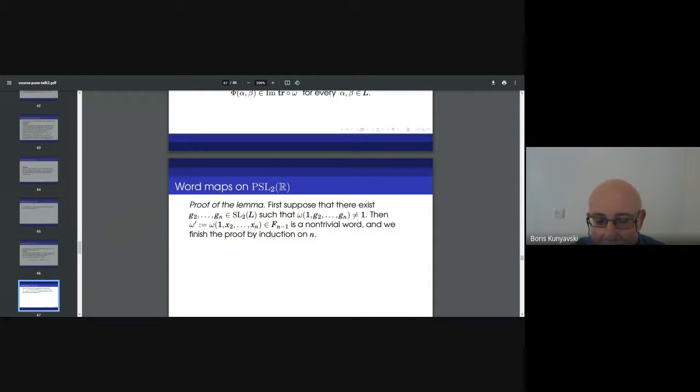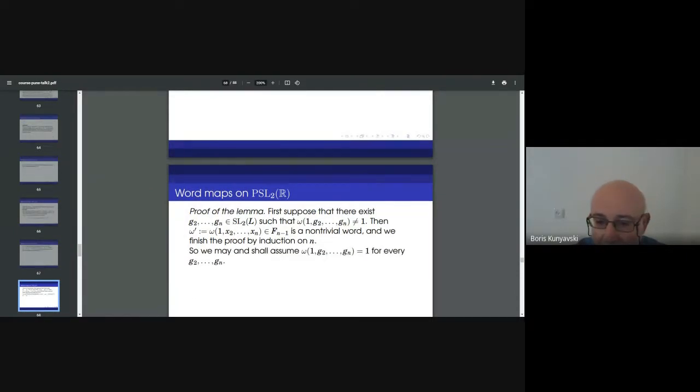Then we can consider the restricted word. So we take the value of the first variable identically 1. We vary all other letters. It's a non-trivial word, and we can use induction. It's the easy case.